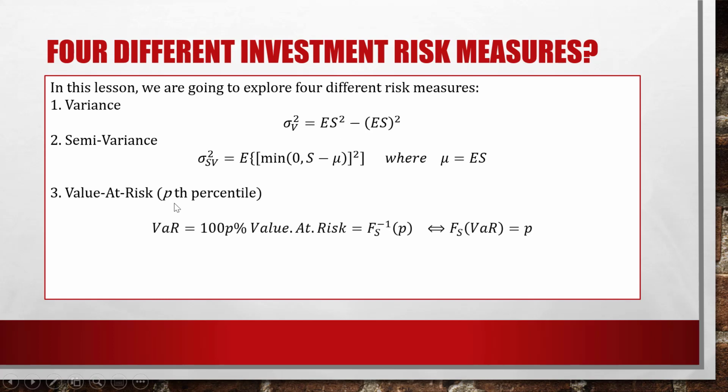Here we use p between 0 and 1 because p is just like a probability. We use the notation VaR for value at risk. The 100p% value at risk is basically the p-th percentile, so it should be F inverse of p. Here F is the cumulative distribution function, and this is equivalent to the cumulative distribution function at the value at risk being equal to p.